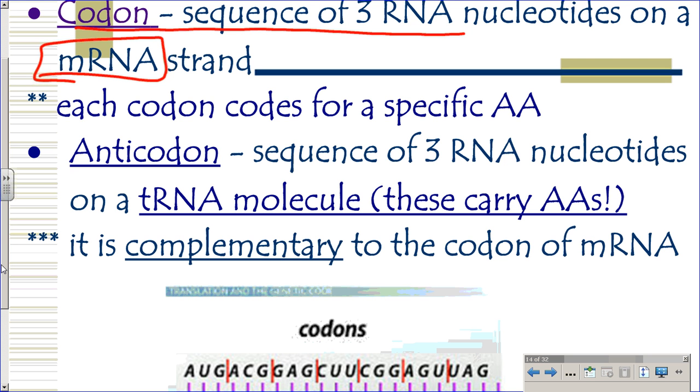And then the anticodon and the codon. The codon is on the mRNA and the anticodon is on the tRNA. That's how I've always remembered it since ninth grade or something like this.